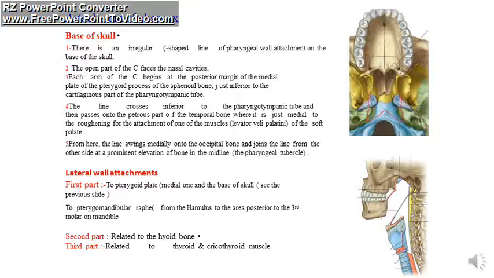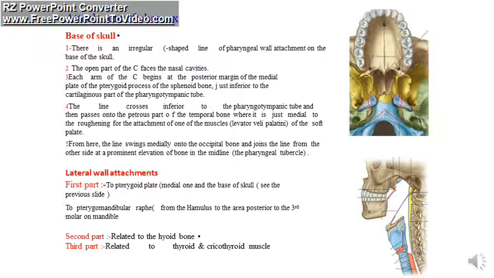If we look from the lateral view here, we'll see there is a relation between the lateral wall of the pharynx and esophagus in this area through the pterygoid plate, medial pterygomandibular raphe, and the other relationship is with the hyoid bone, and the third relation with the cricothyroid and the thyroid muscles.